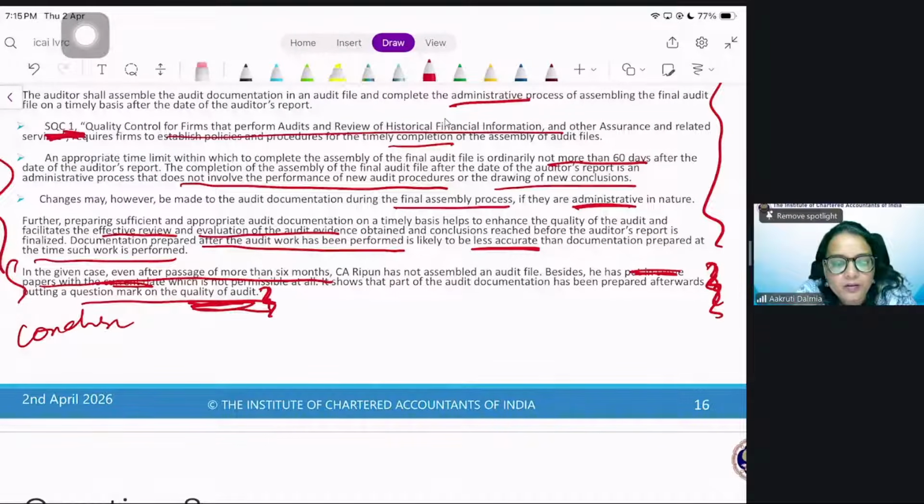Do you understand, Astha? He has still not followed SQC 1 and hence it is still a wrong point. Okay.